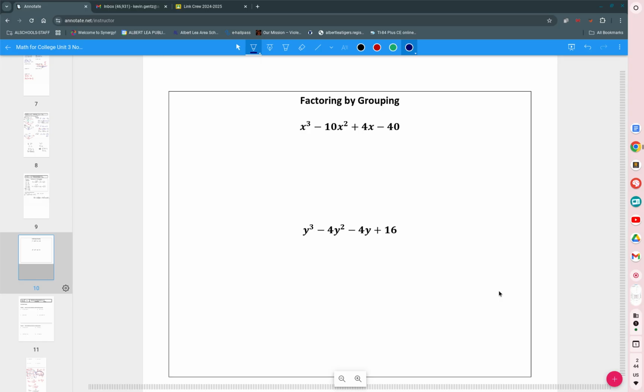Okay, let's flip to the back side of those notes, and we're just going to do 2 problems about grouping, and then you can work on that piece.